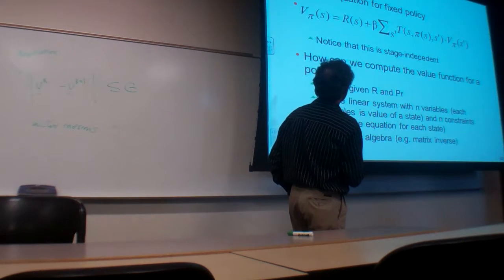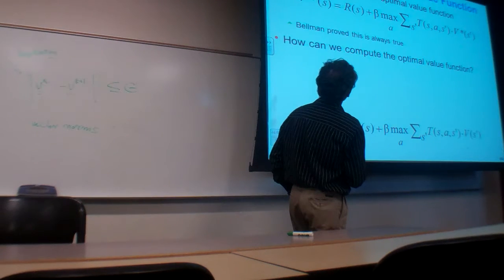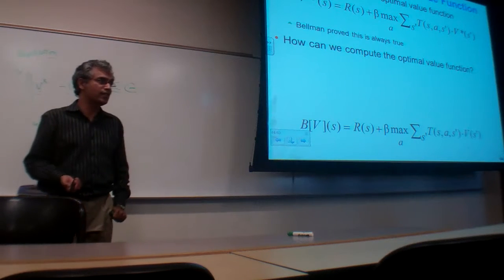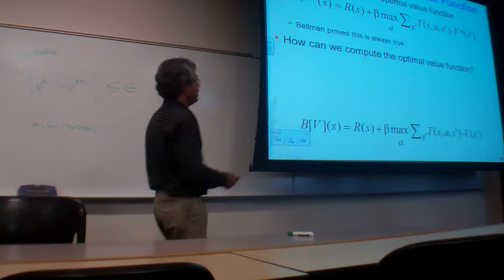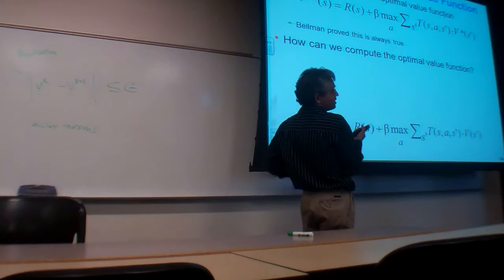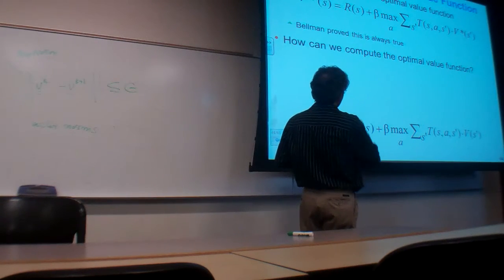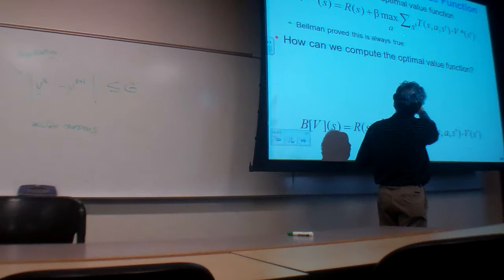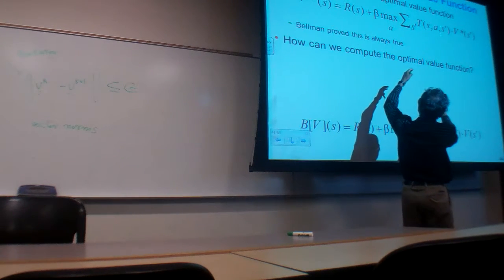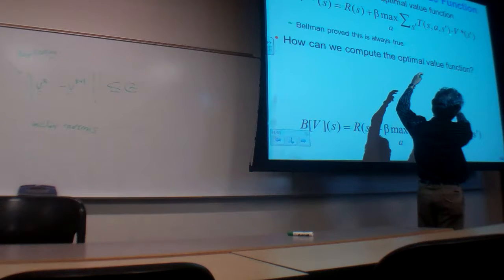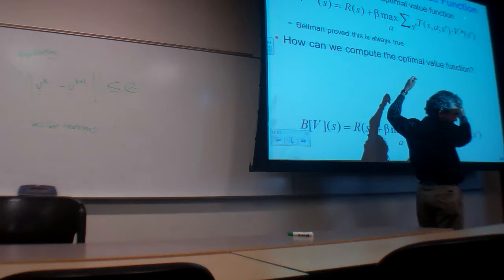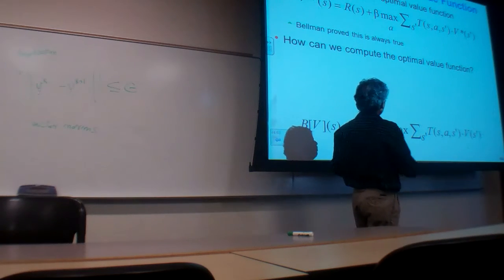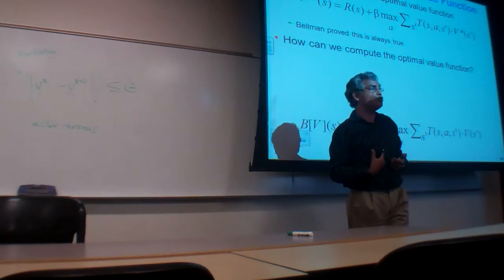Actually, for this value iteration, all you have is this Bellman equation, which says V star of a state must be equal to the reward of that state plus, if you are in that state and you do an action A and you get to S dash, then you take the V star of S dash, some expected value of it, and you take the max over all possible actions you can do.